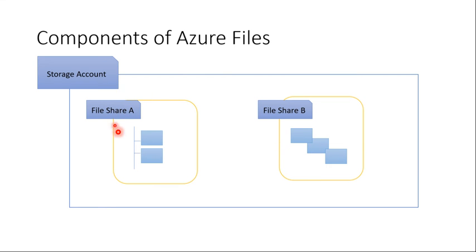Inside this exist files and folders, which are going to be shared over the network using the file share. We could have multiple file shares created within the file service inside our Azure storage account.